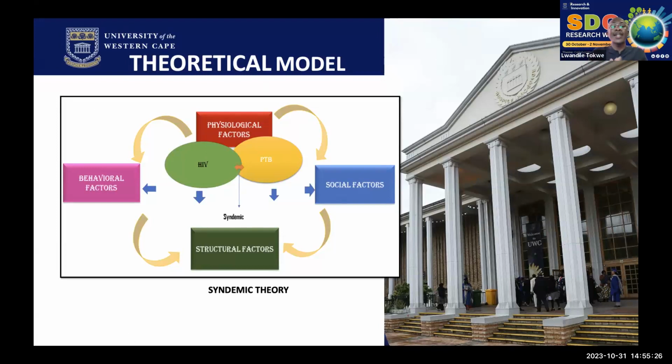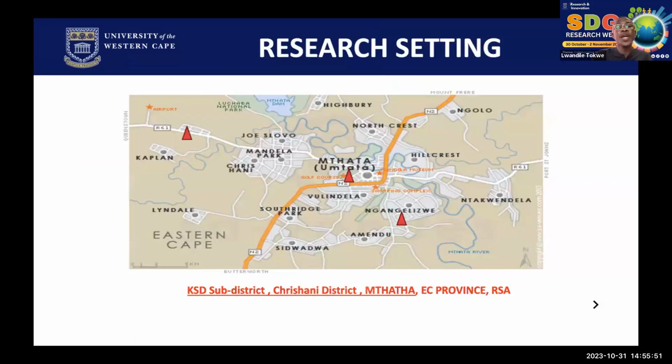In order for us to understand the burden of diseases, we need to look at these diseases holistically, considering all the factors that come into play, such as the behavioral factors, the structural factors, as well as the social factors. These are the constructs that assisted the researcher in probing about the voices of being newly diagnosed with HIV and pulmonary TB co-infection in the study.